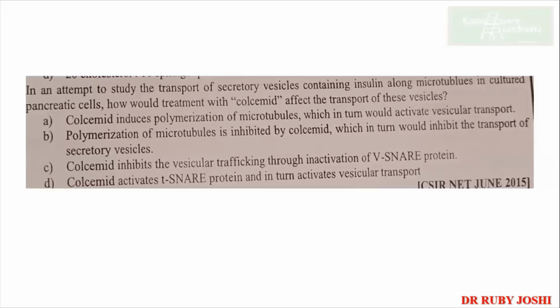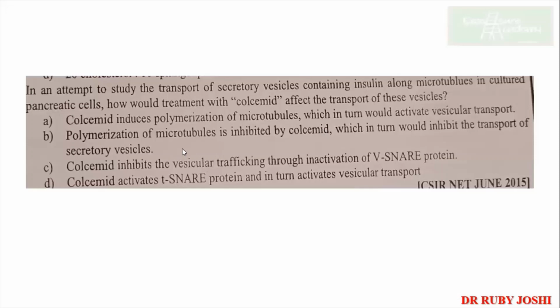See, colcemid is a drug which stops or prevents microtubule formation. Colcemid, colchicine, right? That's how you were able to visualize the mitosis stages of your cell in the lab.